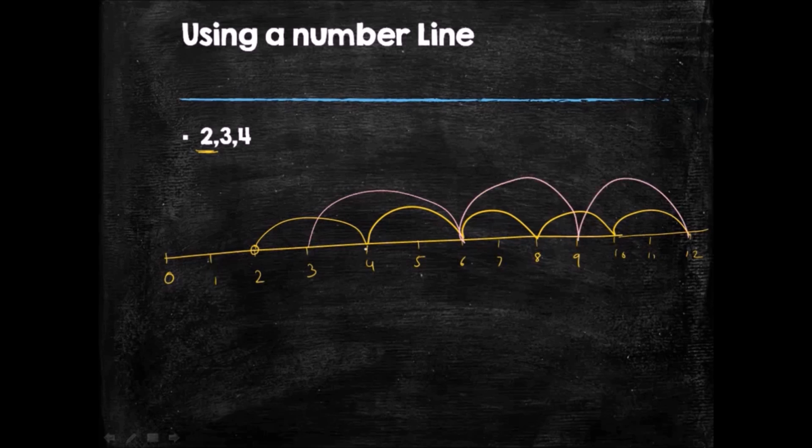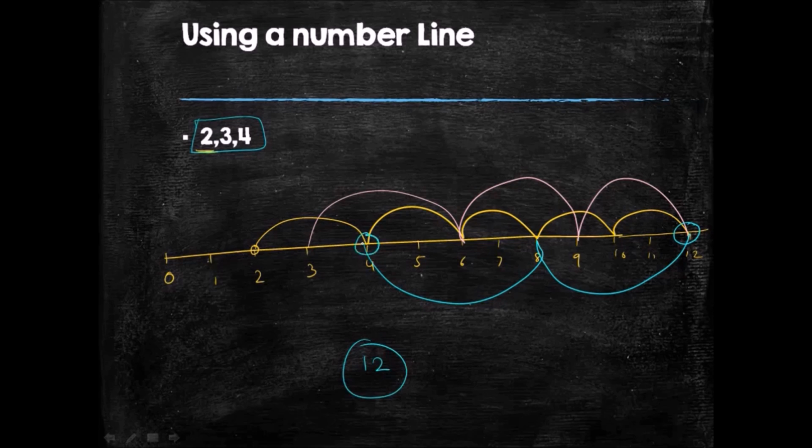Now for 4, I have to start with 4 and I have to jump 4 steps. So 1, 2, 3, 4, 8 and then 1, 2, 3, 4, 12. So all these 3 people are meeting at 12. That is why the LCM is 12. The place where all 3 numbers, 2, 3 and 4, are meeting is the LCM.